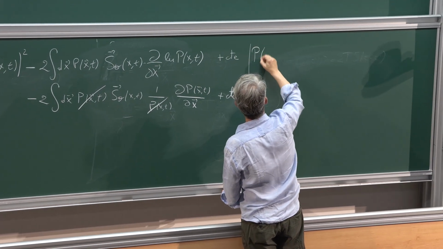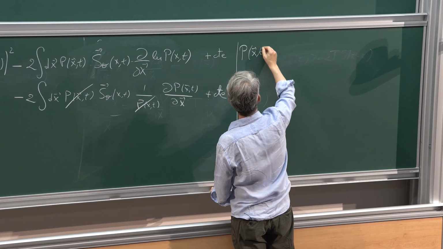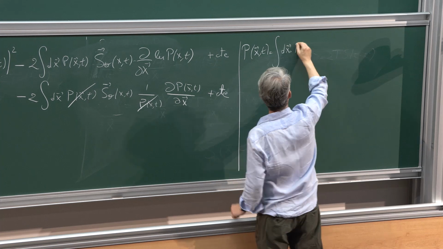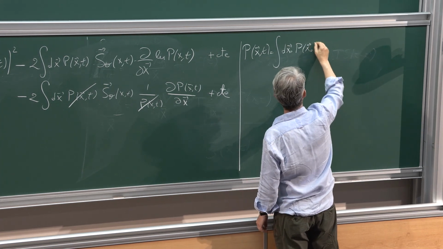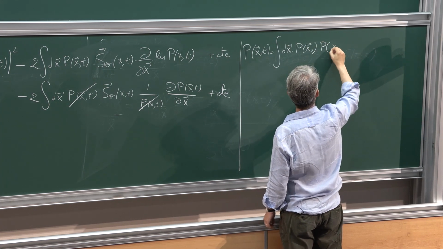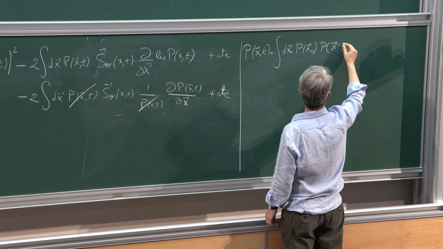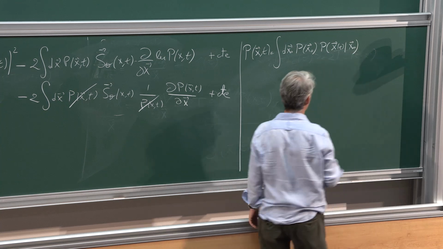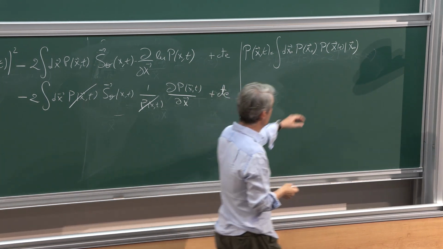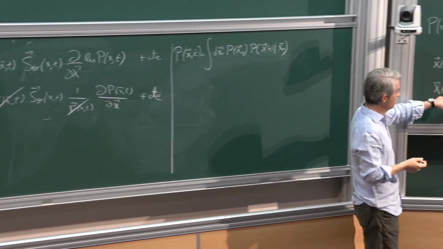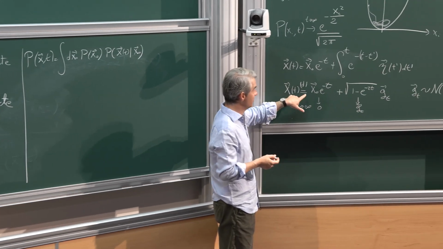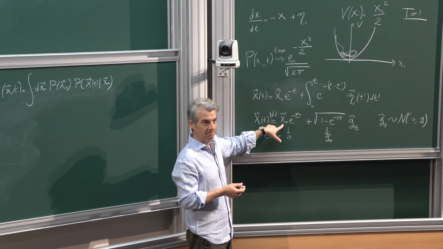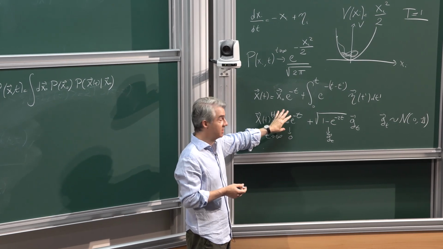So p of x_t is equal to the integral over dx0 of p of x0, and then the probability of x_t given x0. Now, what is this probability? Well, we can read it from here. What is the probability of x of t given x0? So x0 is given.